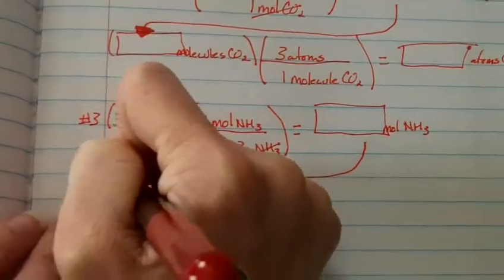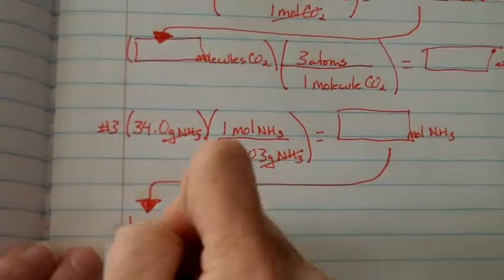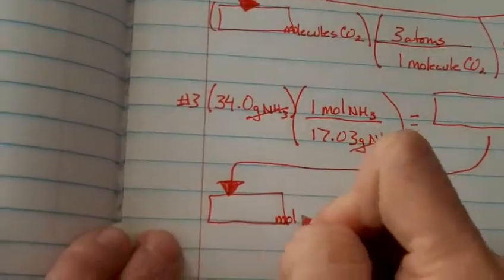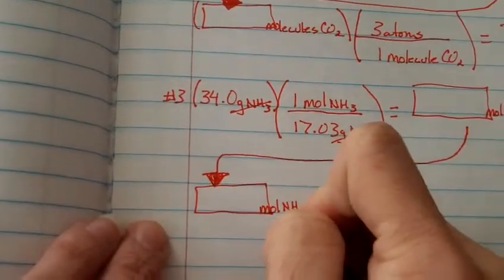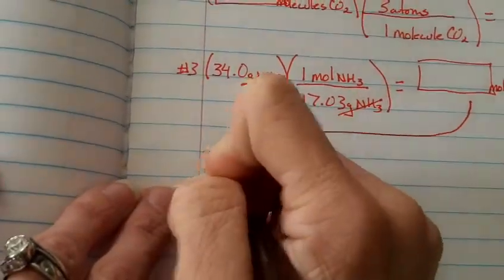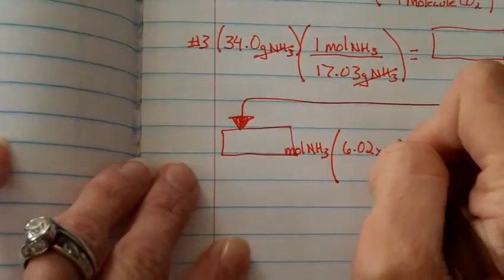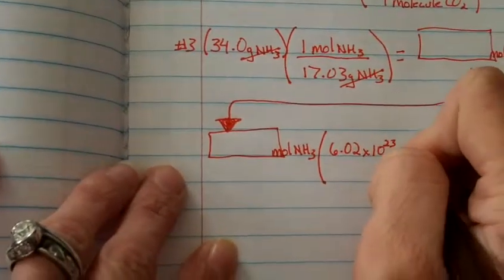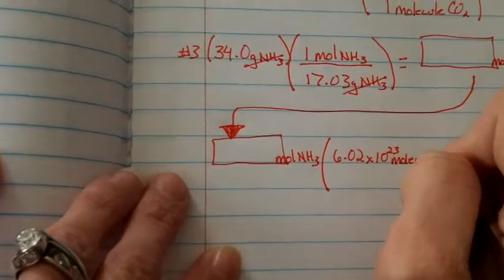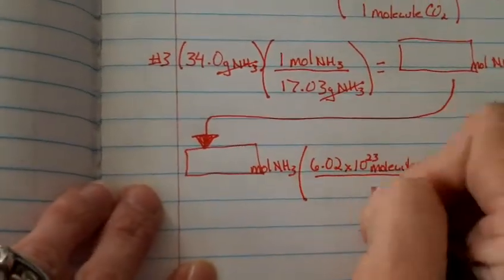Take that number, your moles of NH3, multiply that by 6.02 times 10 to the 23rd molecules of NH3 in 1 mole.